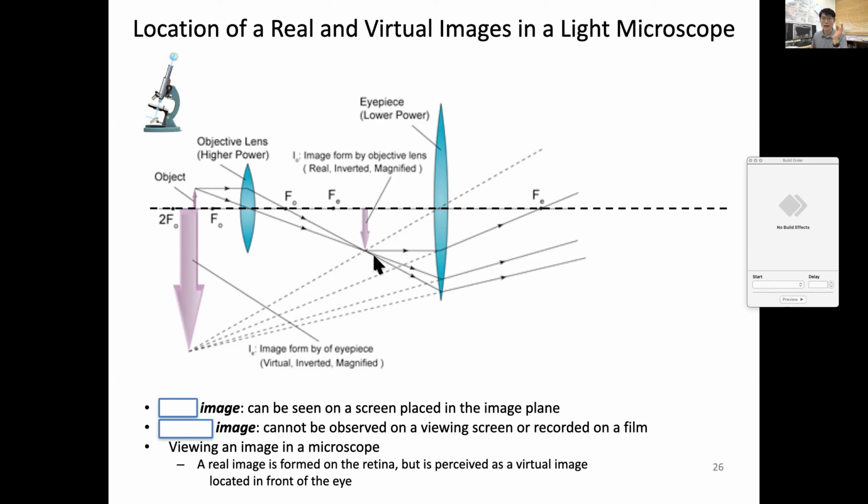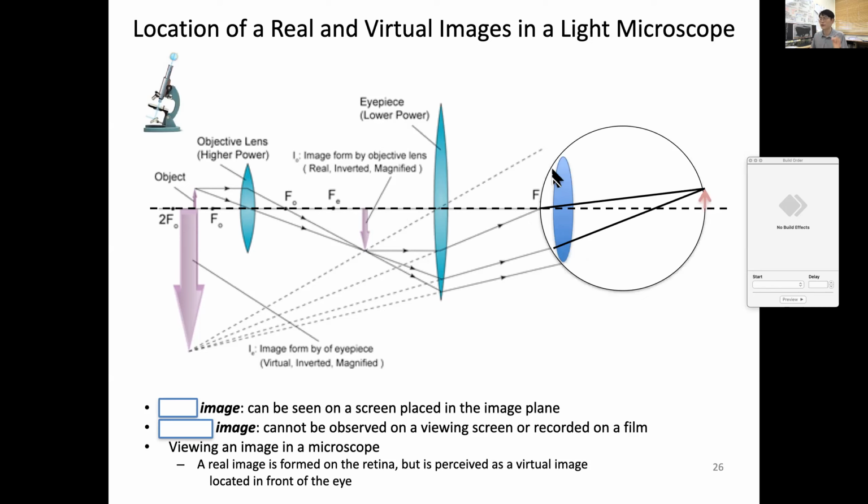Let's apply the geometry of this one more time. So the parallel ray will pass through this focal point, f sub e, okay? And then the other rays bend. The problem is this distance is shorter than this. That means the rays will not converge in this space.